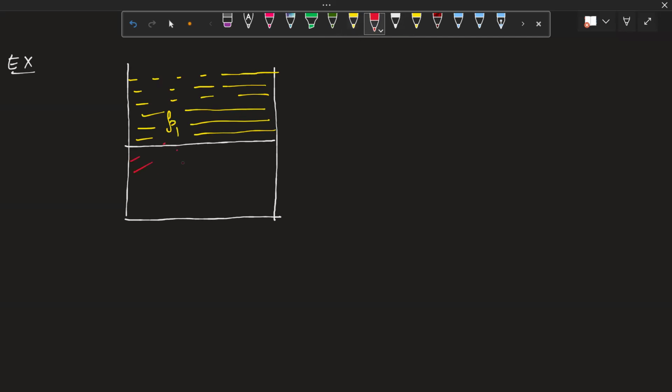Other liquid you can see here at this part, and it has a density rho 2. This liquid has a height h1, and this liquid has a height h2. It is kept on the ground itself.